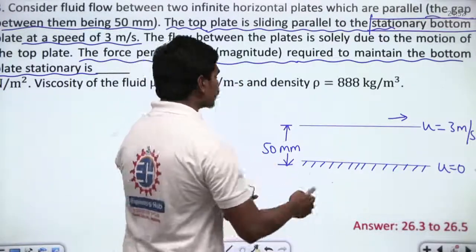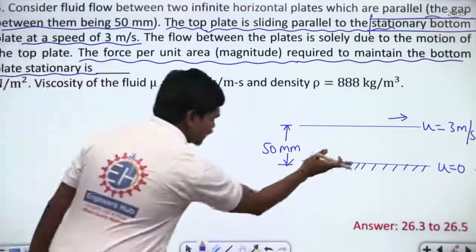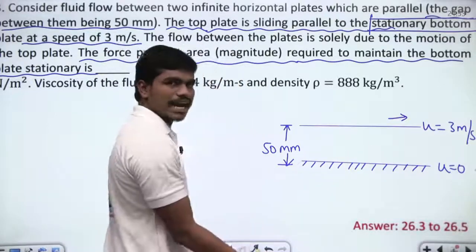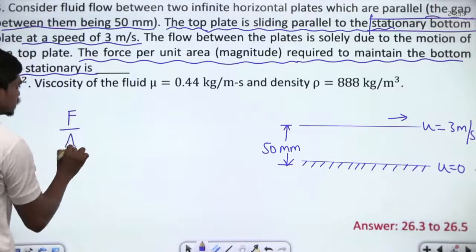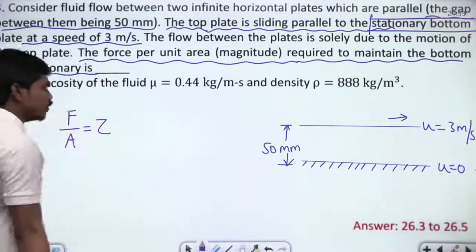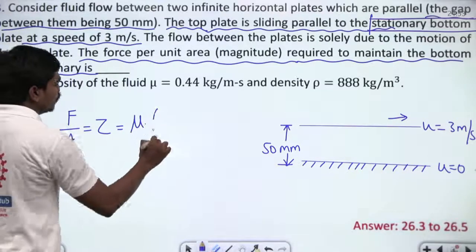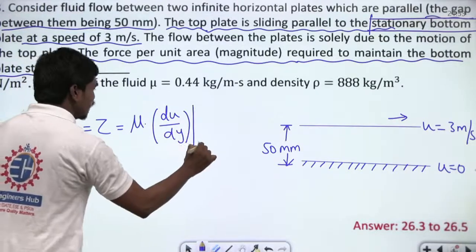Why is this plate stationary? Because of the shear stress acting on this plate, correct? So this force per unit area is nothing but shear stress, which is force divided by area. As per Newton's law of viscosity, this is equal to mu times du by dy, and of course this du by dy is at y equal to 0.